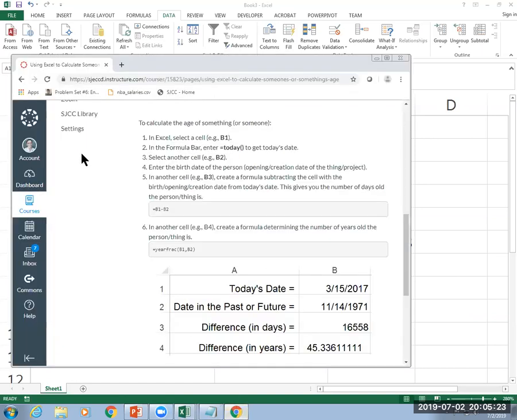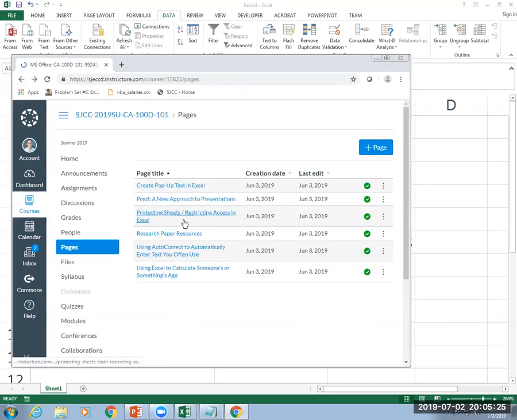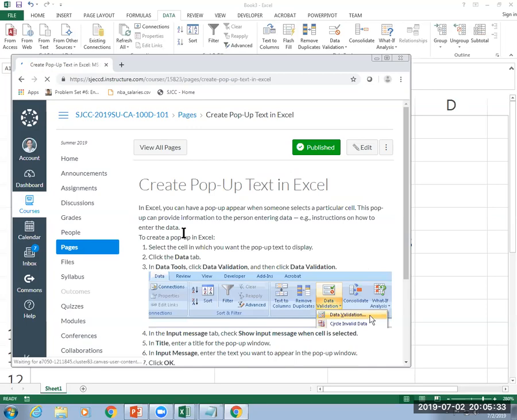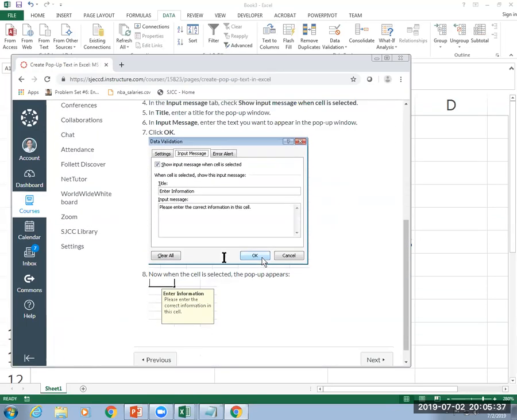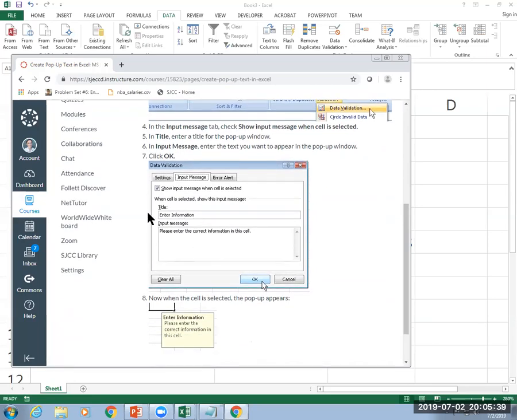It's also in your pages, in a page called Create Pop-Up Text in Excel, which tells you again how to do it. Whatever you put in the title will show up in bold. Whatever you put in the input message will be in normal text.